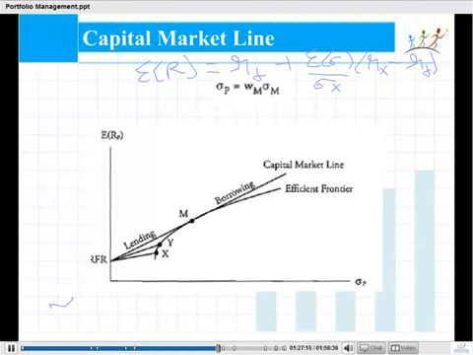So have we just proved that a rational investor or a risk-averse investor never has to invest in any portfolio except the risk-free rate and portfolio M?